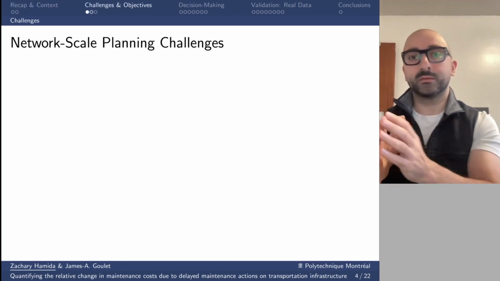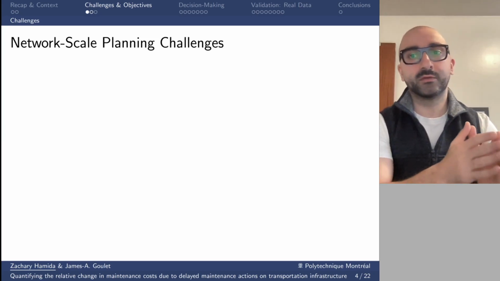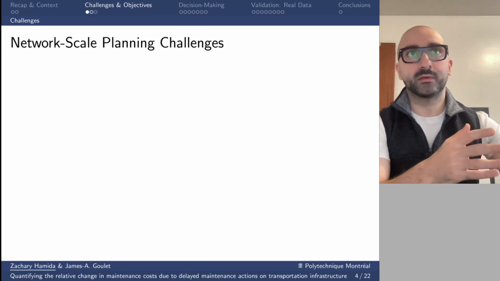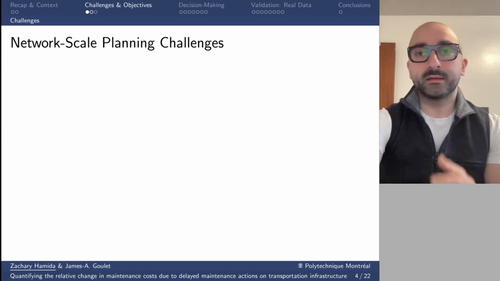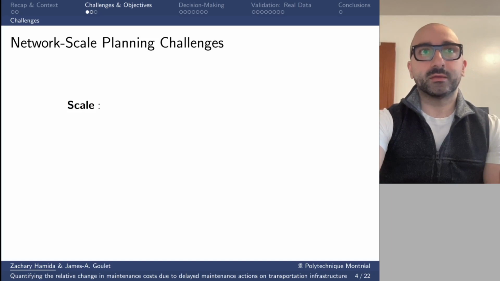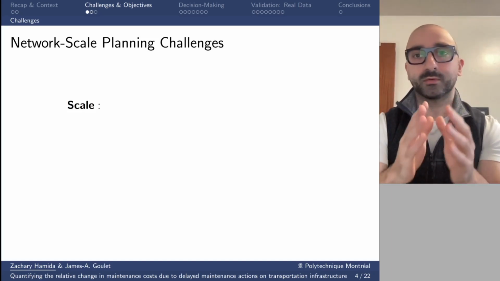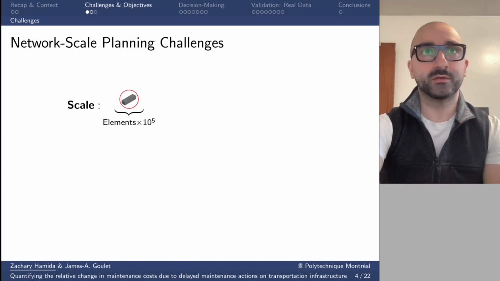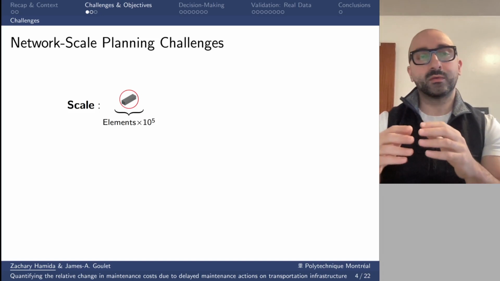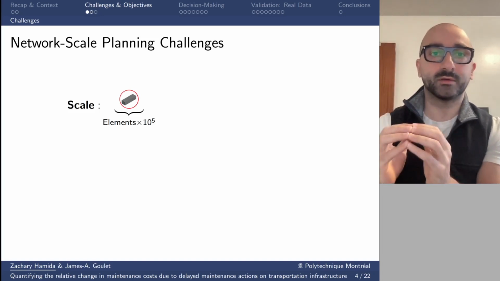Now, we know why we need a maintenance policy, but there are really big challenges when it comes to network scale maintenance planning. And these challenges are mainly related to the scale. This is the focal point whenever it comes to maintenance planning challenges: what we are dealing with is decision making at the element level.